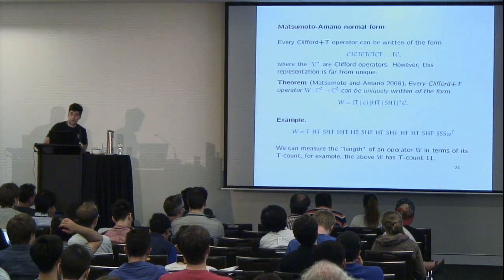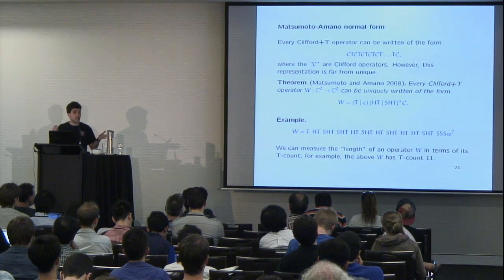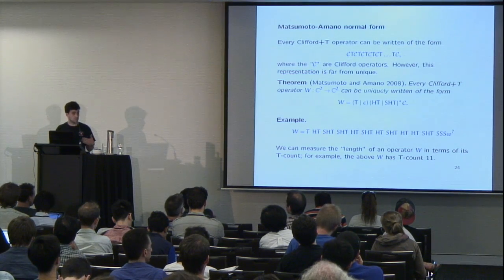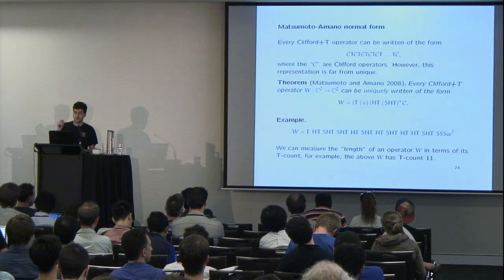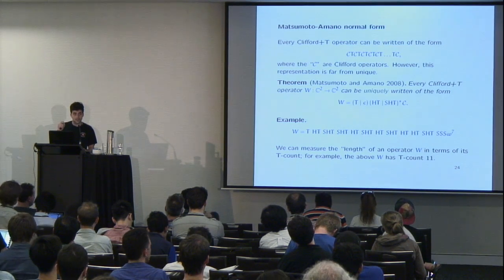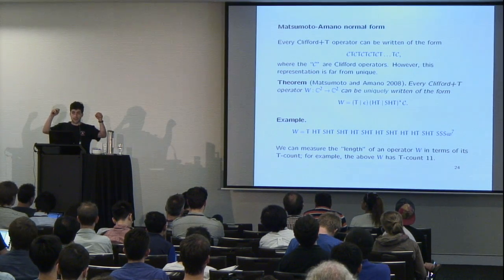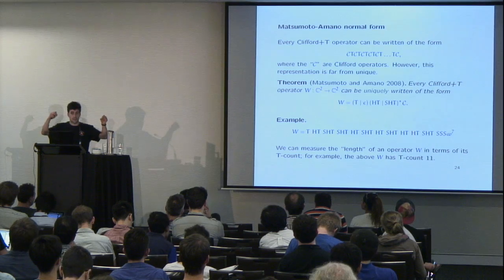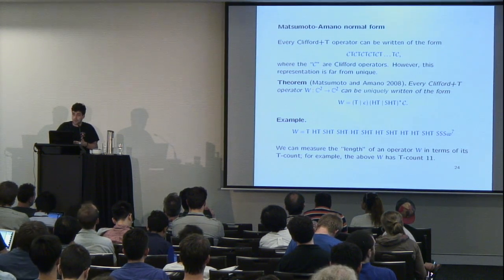What's really great about this result is that, first of all, every operator admits a Matsumoto-Amano normal form. Moreover, this normal form is unique. So if two given Clifford+T operators have the same Matsumoto-Amano normal form, then they're the same operator.